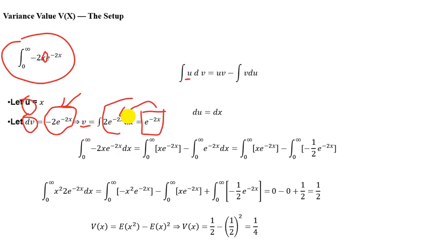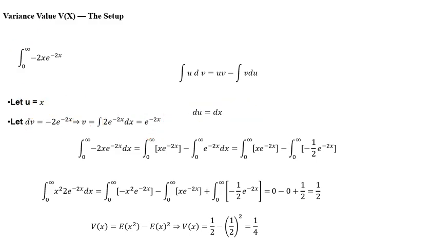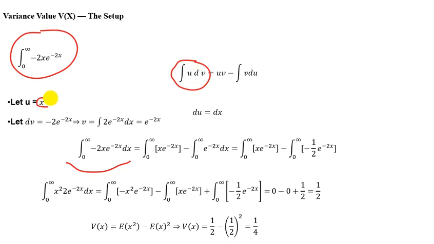Okay, so here we have our v, we have our derivative of v, we have u, and we have the derivative of u, which is 1. Derivative of x is 1. So what is this integral? It is actually u times v. Where is u here? It's x times v. This is v. So it is x e^(-2x) minus the integral of v times the derivative of u.